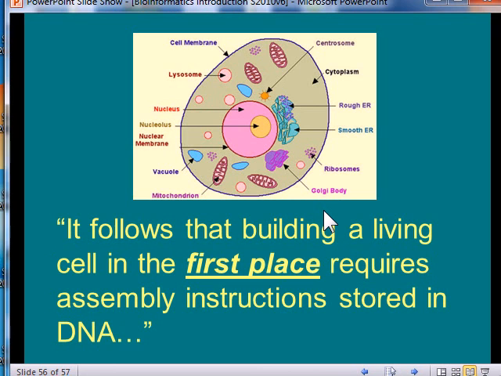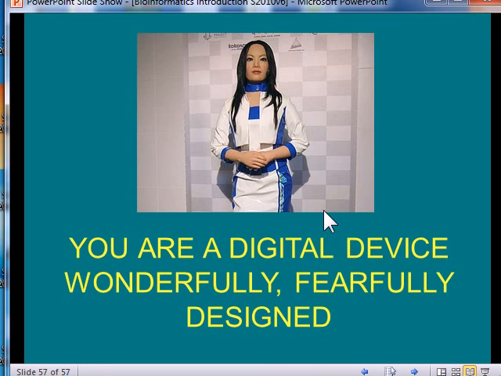And here's the conundrum, the puzzlement. You and I are a digital device. Every position of those 3 billion letters can contain an A, a C, a T, or a G. That makes us digital. But I claim that we are wonderfully and fearfully designed.